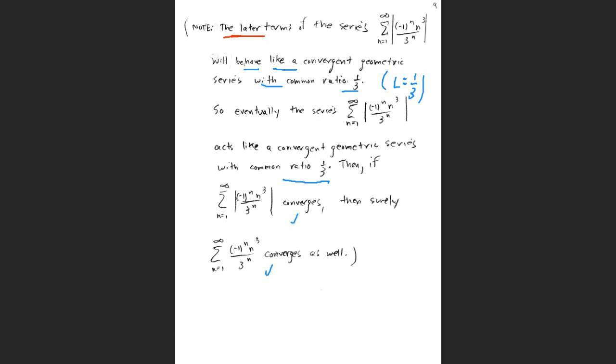I'm saying eventually it behaves like that, but the ratio test establishes that. And so if our ugly series eventually behaves like that convergent geometric series, then our series has to converge.